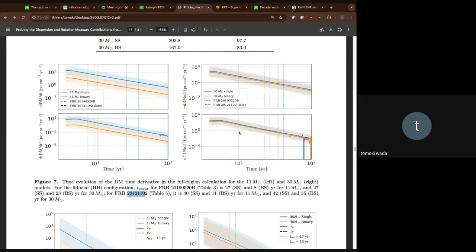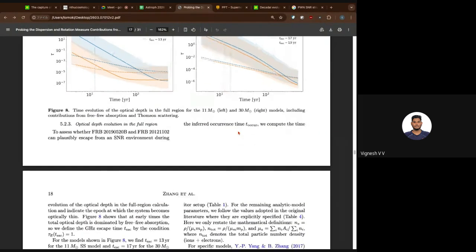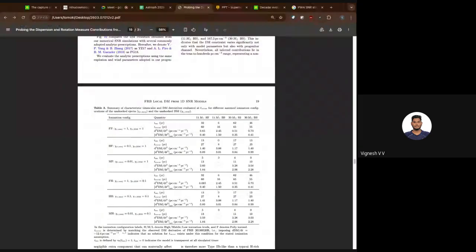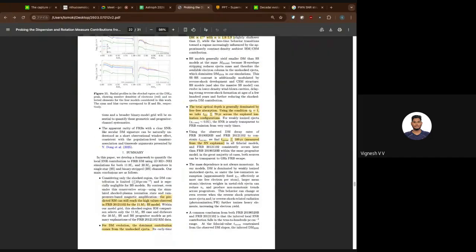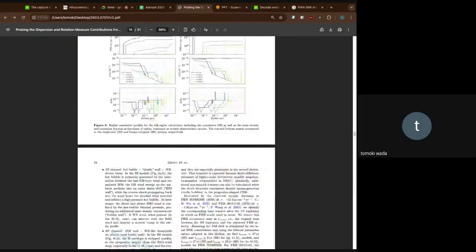Because if we can do that, we can figure out how much this quantity affects the total scattering profile of the entire FRB. Yeah, I think it's possible.